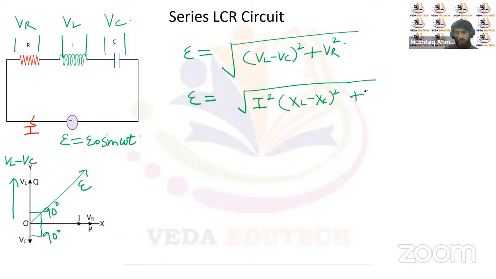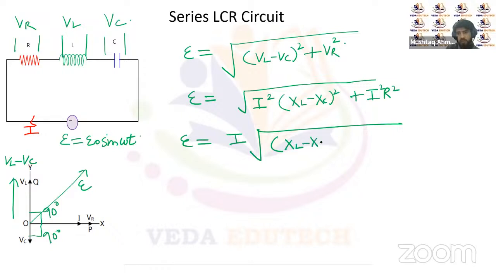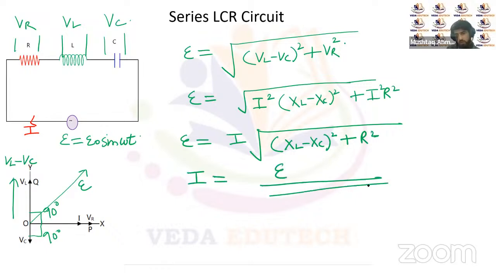You can take I outside the root, and we are left with I multiplied by under root of (XL minus XC) whole square plus R square. The value of current I will be E upon under root of (XL minus XC) whole square plus R square.